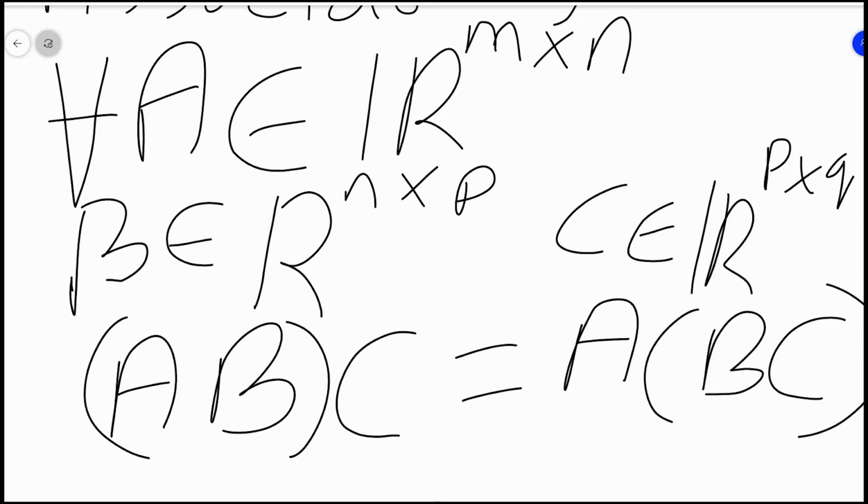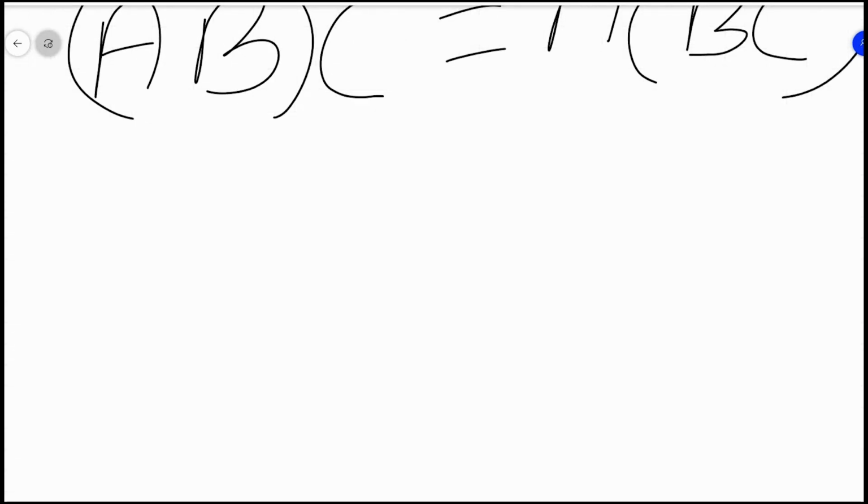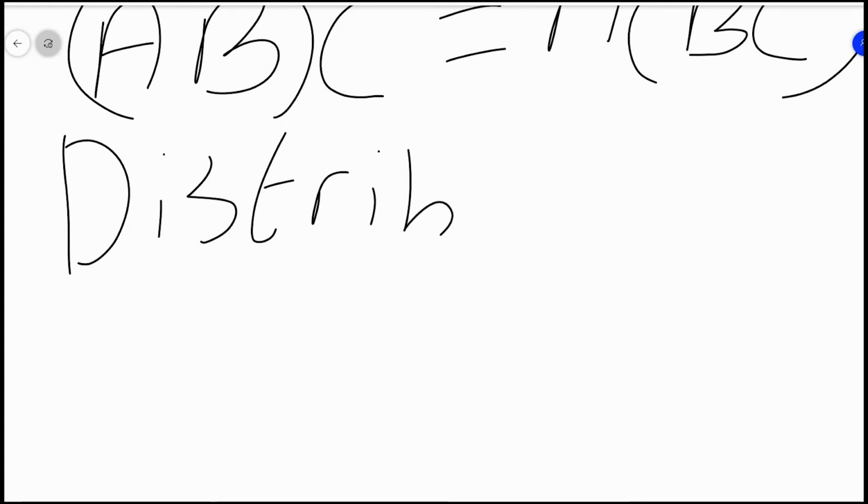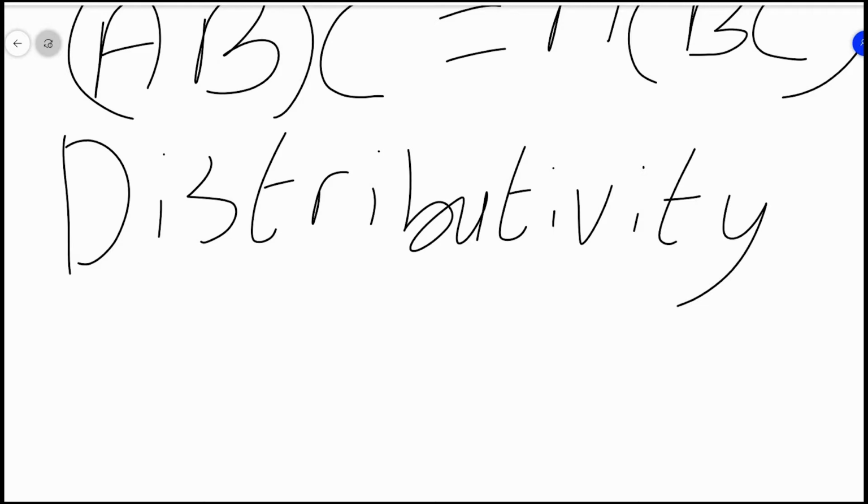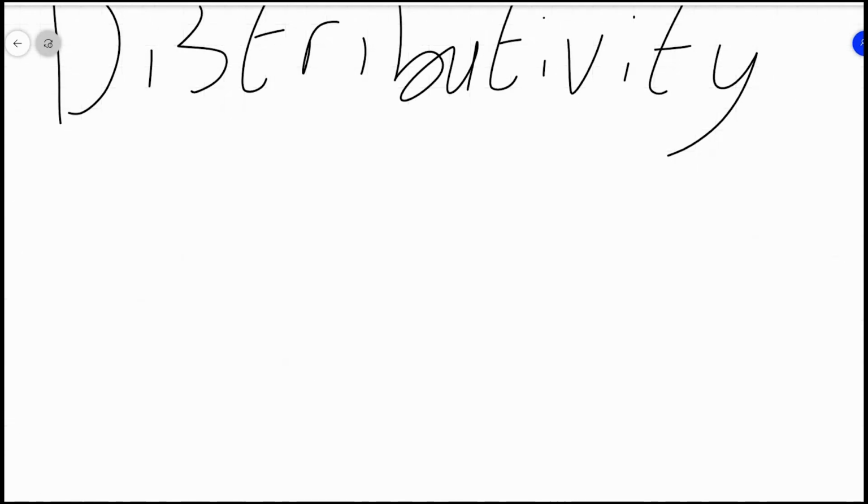Then we have a second property that we call distributivity. Every matrix actually fulfills this, once you can multiply them with each other and you know the rule to multiply two matrices together, as I explained in the last class.